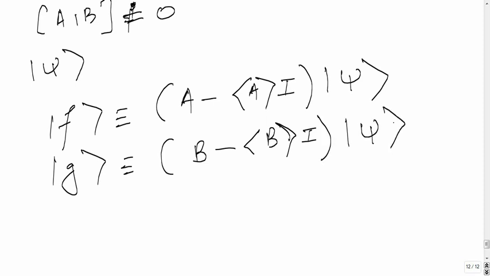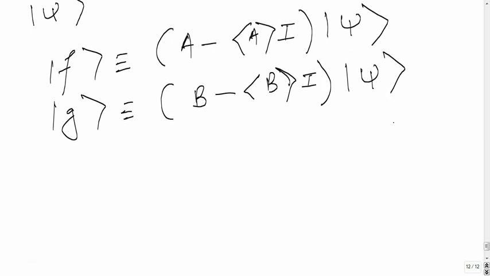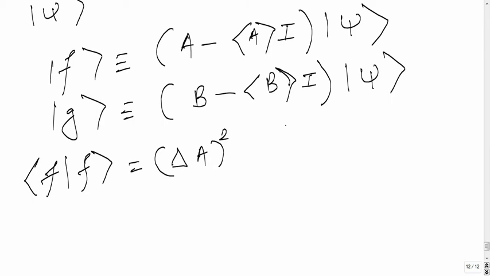These two states are defined such that the norm of f gives us the variance of the observable A, and the norm of g, you can check it by multiplying it out, would give us the variance of B.